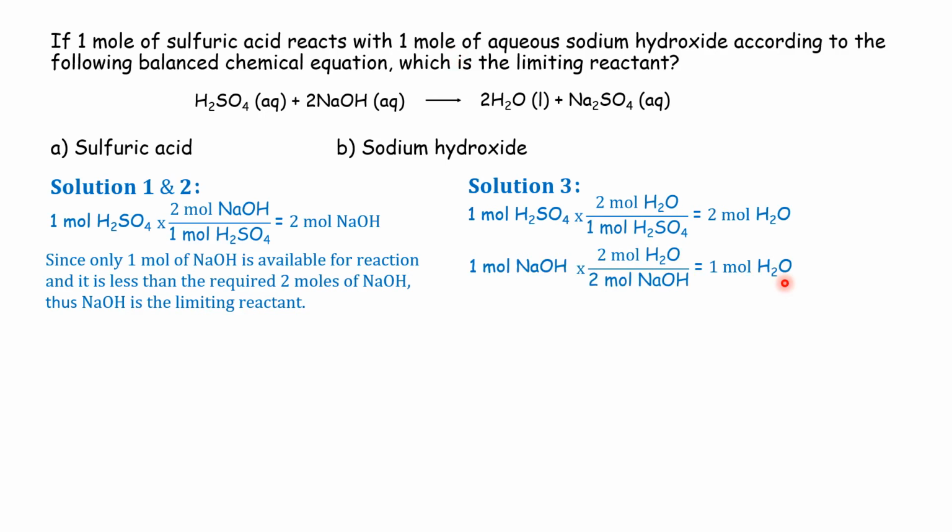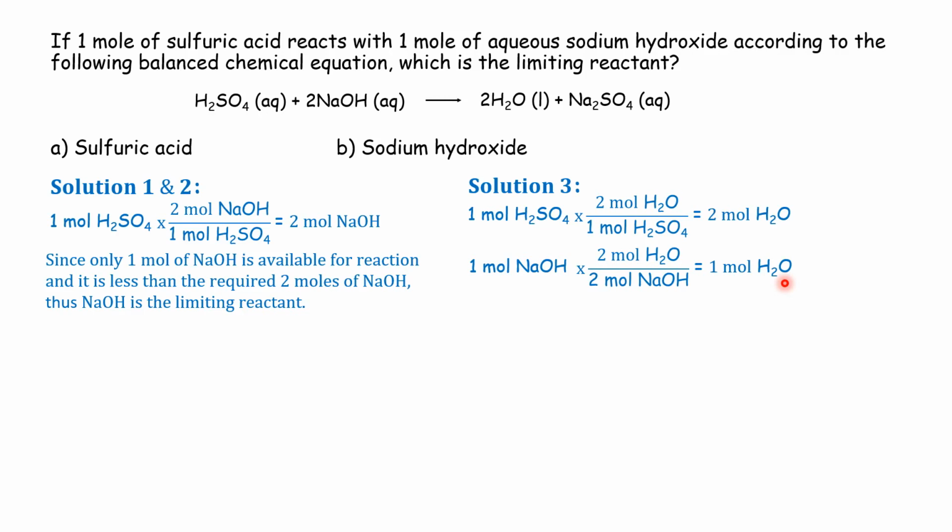What does it mean? If we look at both calculations here, 1 mole of sulfuric acid, provided there is enough sodium hydroxide, will produce 2 moles of water. And for 1 mole of sodium hydroxide, that's also what is given, reacting with excess, or more than enough, sulfuric acid, that would produce 1 mole of water.